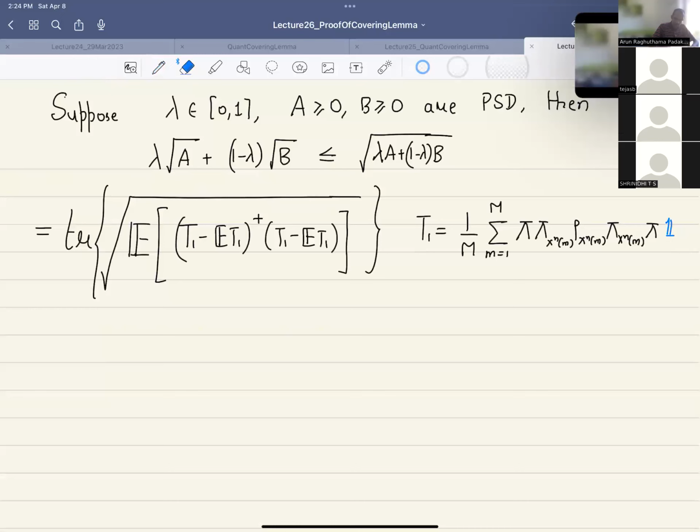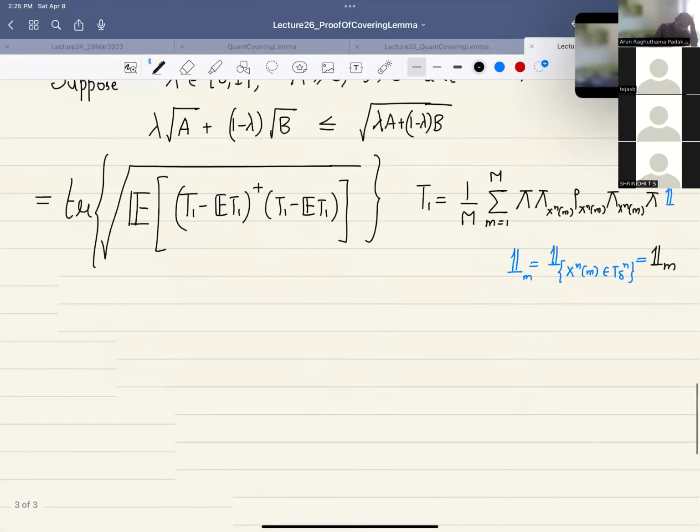I'll just write 1, which by definition means the indicator function that x_n(m) belongs to T delta n. It may not be blue, I might end up writing it in black because I have to keep changing this pen.